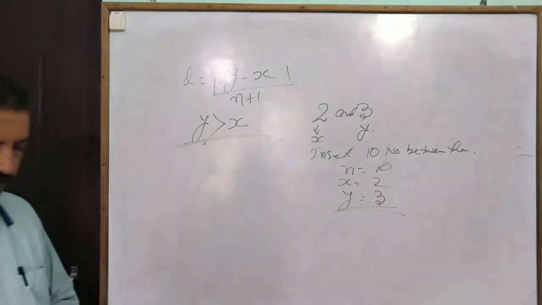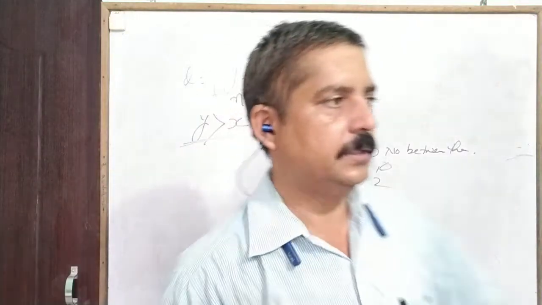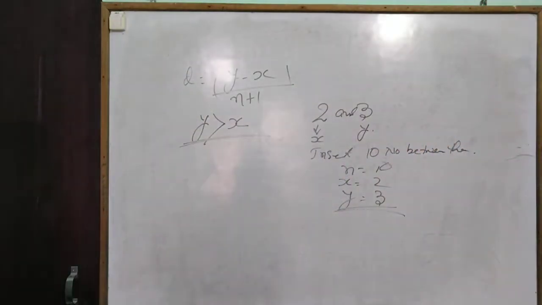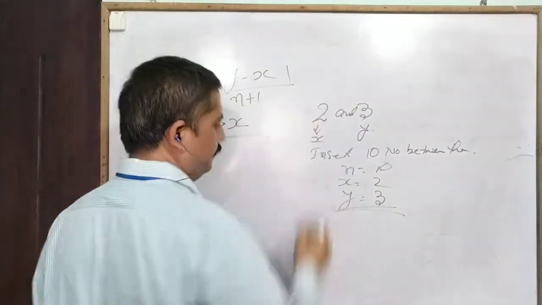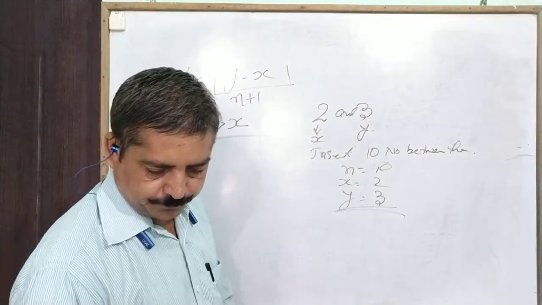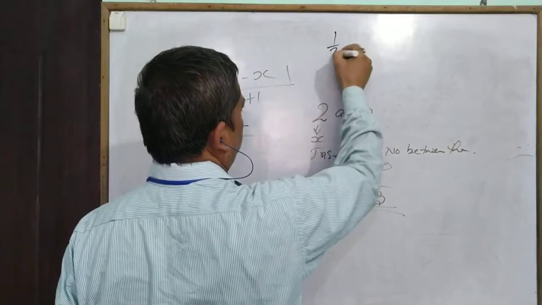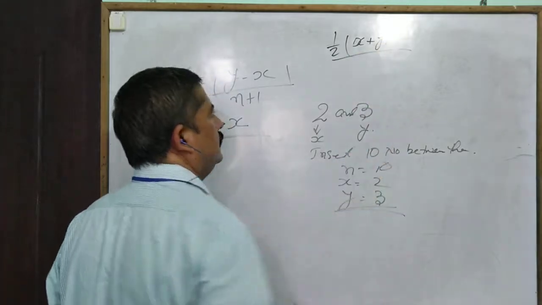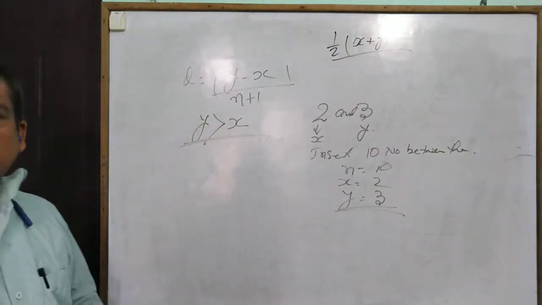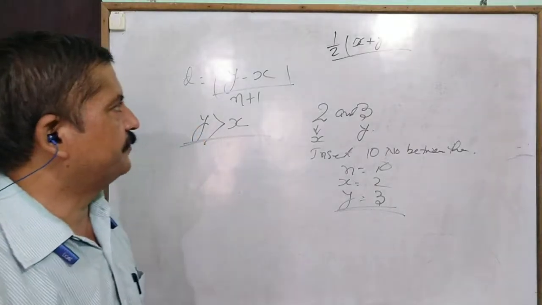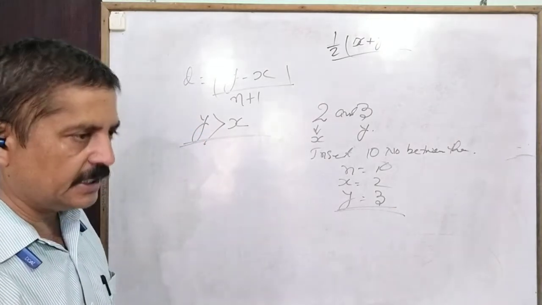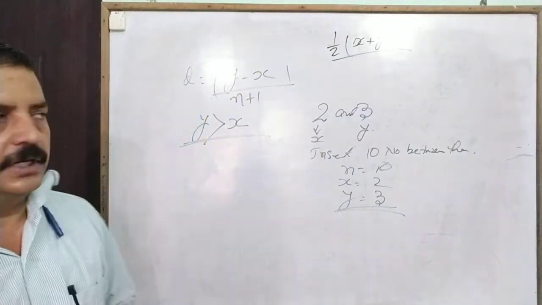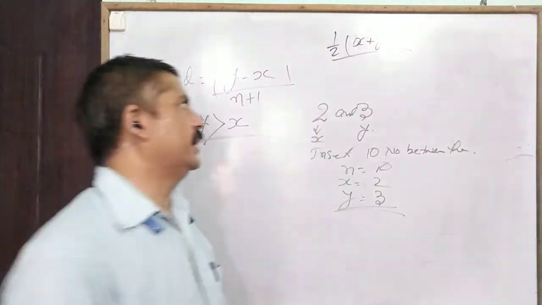In that process we insert that many numbers. In the previous method we used 1 by 2 times (x plus y) to insert rational numbers. If anyone says only insert rational numbers, without saying how many, we just use that method to insert the numbers.